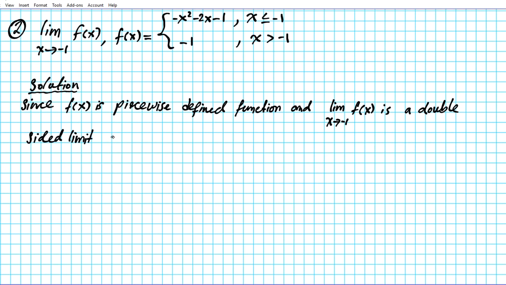This double-sided limit happens at the switch of the subdomains. What does this mean?